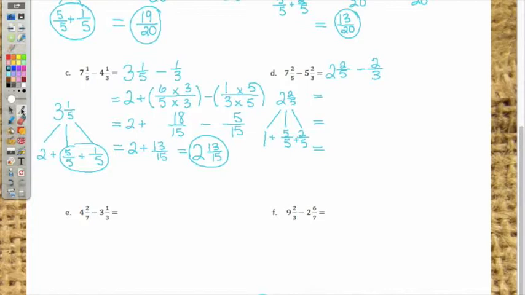And it really helps to put those plus signs in because that's actually what we need to do, isn't it? Okay, so I'm going to add 5/5 plus 2/5. What does that give me? 7/5. So 1 plus 7/5 minus 2/3.